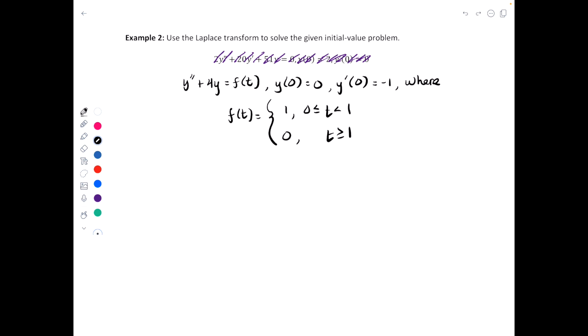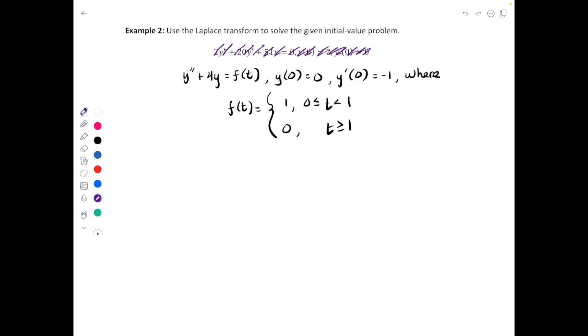So here, applying the Laplace transform to both sides, we'll just write it out. So we'll have L of y double prime plus 4 times L, the Laplace transform of y, is equal to the Laplace transform of f of t, which can be 0 or 1. I'll figure that out later.